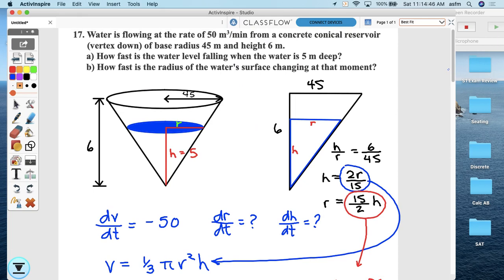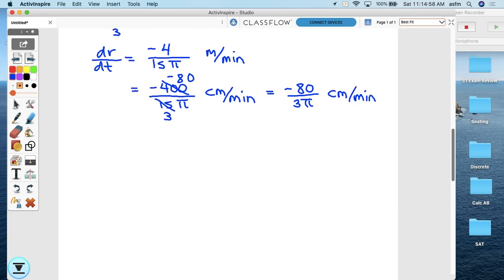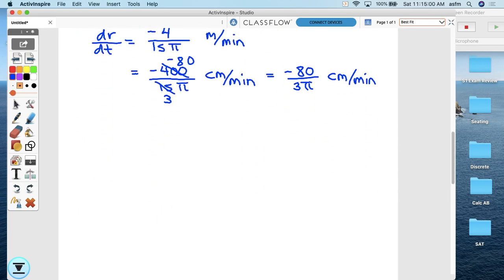That's actually part B. Part A is asking for how fast the water level is falling, so that's my dH/dt. But I have a formula right here that connects H and R. So I'm just going to take that formula and I can solve the second part very easily. I had H equals 2R over 15.